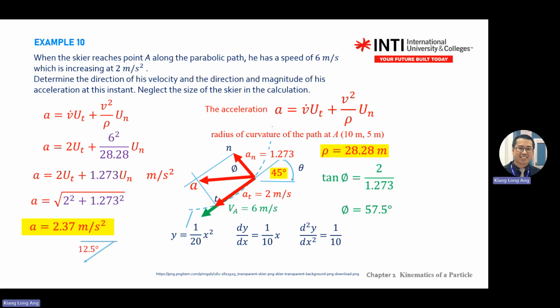Then again, once you find the magnitude, remember to tell the examiner the direction of that vector. This is the magnitude, and you need to tell the angle. Your angle, you will get 12.5, which is from the horizontal. So you need to do some drawing here to get this angle.